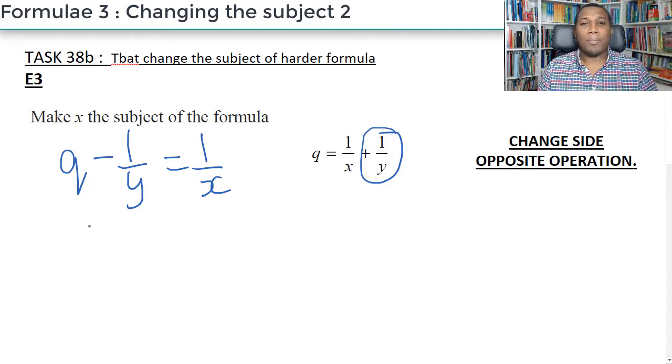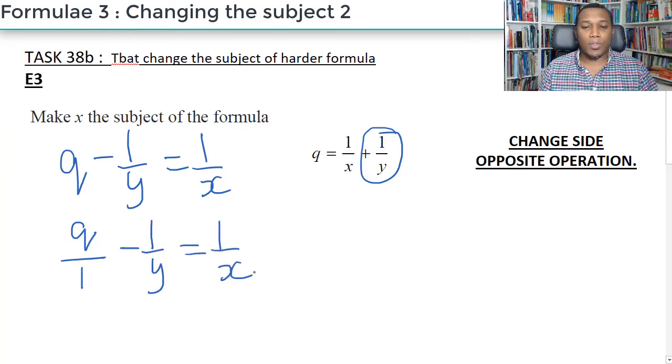Well, let's think about it a bit differently, and let's say we have Q on 1 minus 1 on Y is equal to 1 on X. Recall that the only way you can subtract fractions is if the denominators are the same. Right now, Q has a denominator of 1, because dividing by 1 doesn't change the value.